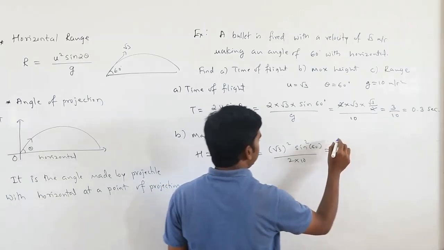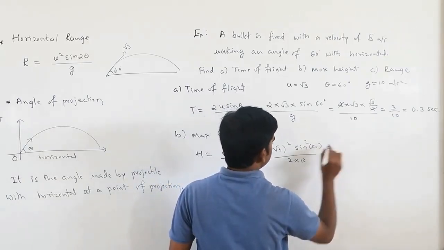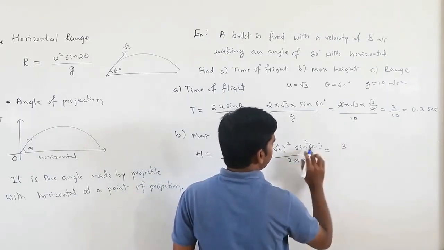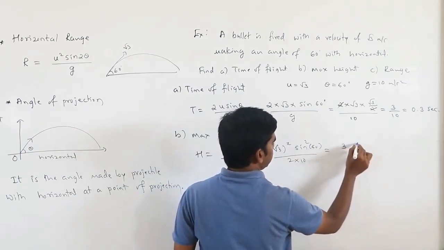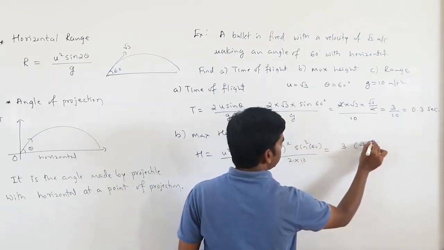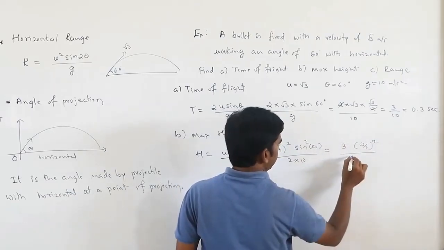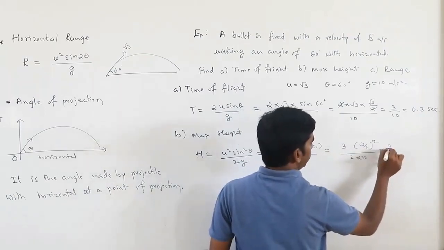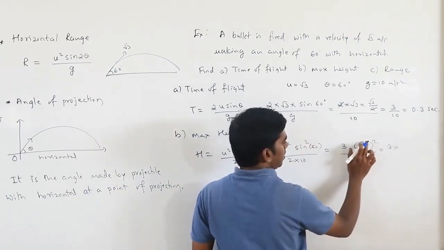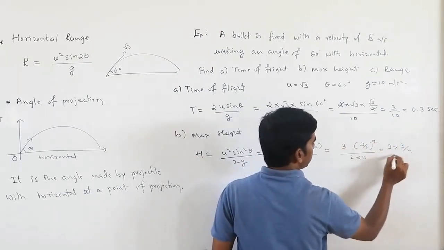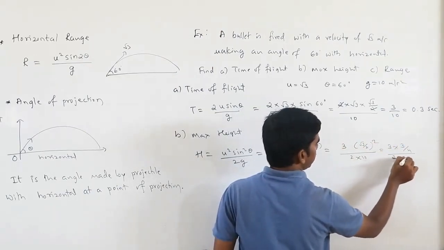So root 3 the square is 3. Sine 60 is root 3 by 2, but square is there, write square as it is. Whole divided by 2 into 10, write as it is. So square of root 3 is 3, square of 2 is 4, divided by 2 into 10.